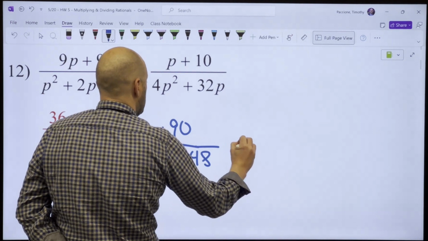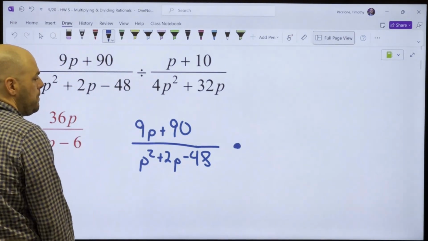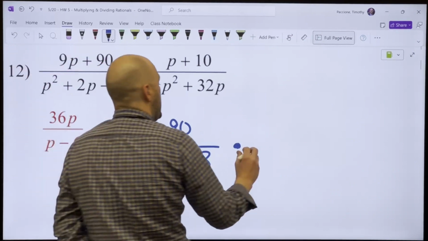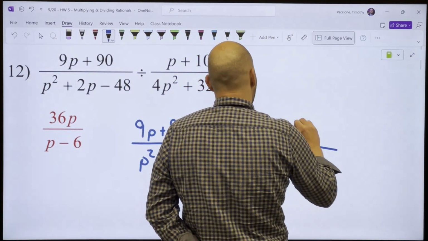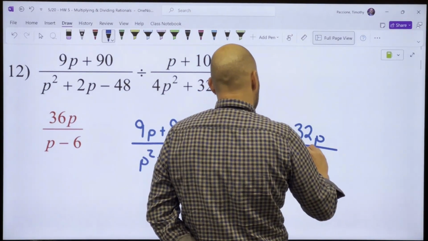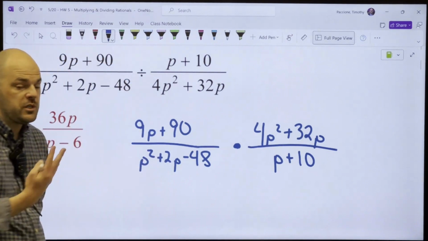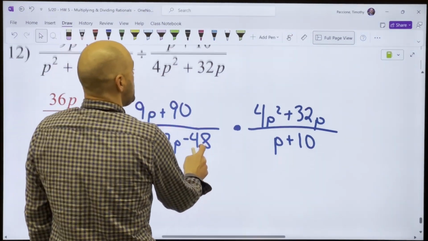And then what do I change? Sign. Multiplication. And then what do I flip? Next one. Second fraction, so I end up with 4p squared plus 32p over p plus 10. Okay, if you do this correctly, it becomes just like the front. We got one more multiplication problem to do, right? So same process.